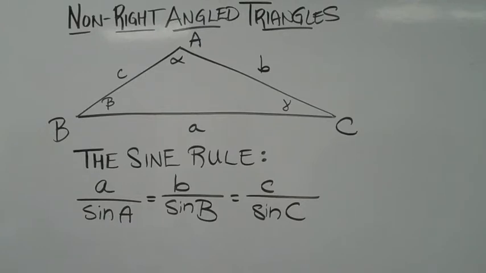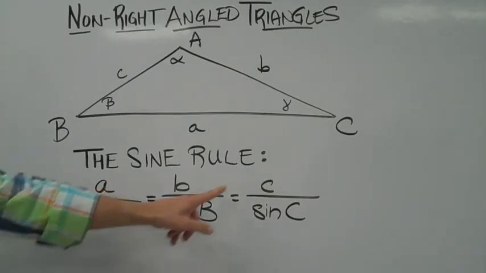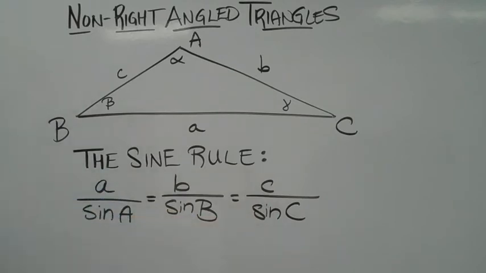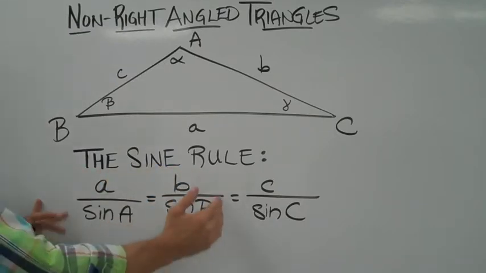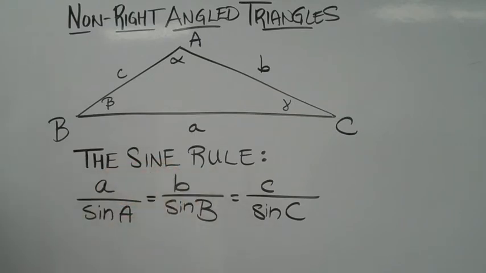The sine rule says side a over the sine of angle A is equal to side b over the sine of angle B, which is equal to side c divided by the sine of angle C. When do you use this? We usually set a proportion up with just two fractions.